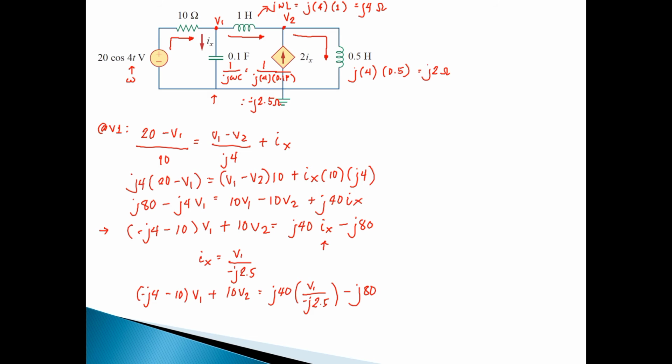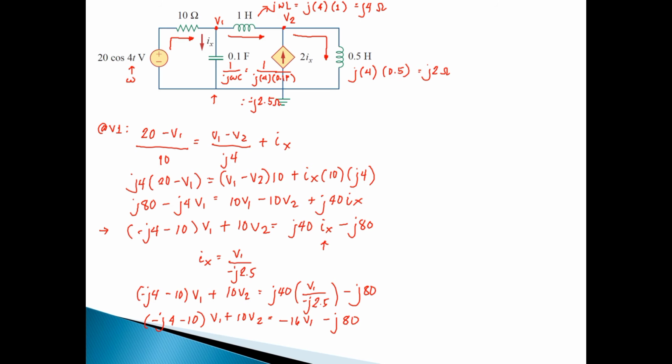Let us simplify: j40 divided by negative j2.5 is negative 16, so negative 16 V1 minus j80.